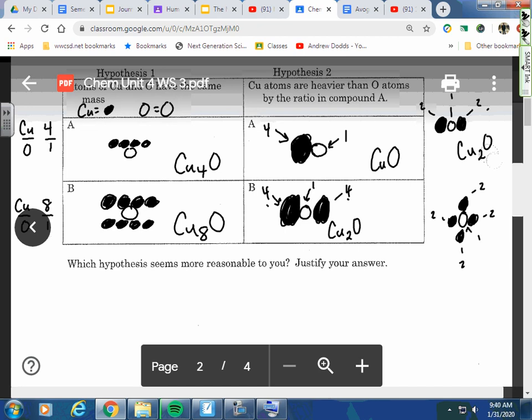That would still give us an 8-to-1 ratio. Okay? But that would be Cu4O. All right. But this is what I did here. Yep, because then you're showing the ratio of oxygen to copper is 4-to-1, but it's actually copper is 4 times more massive.